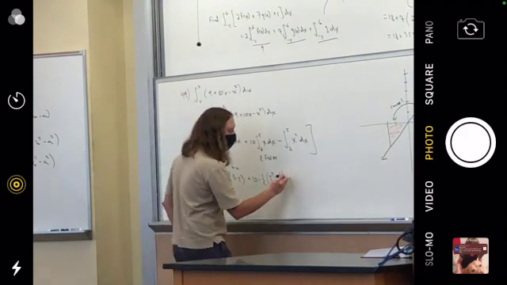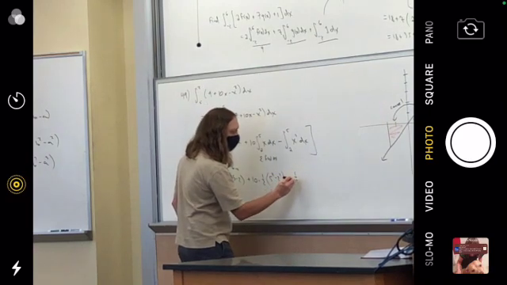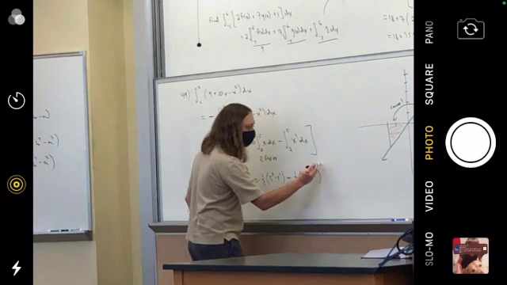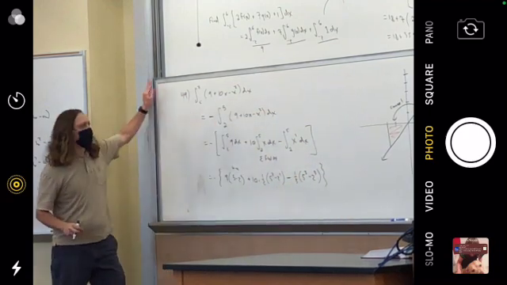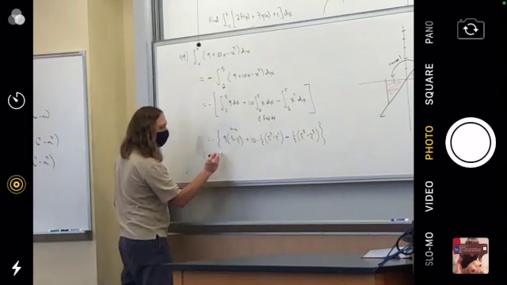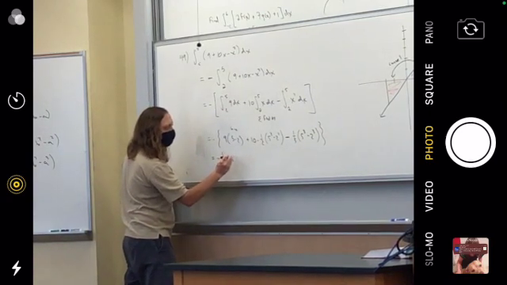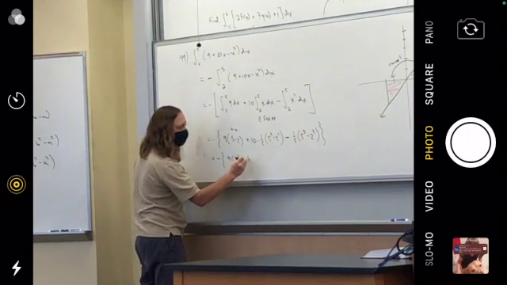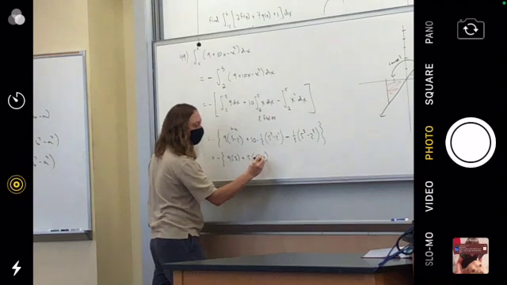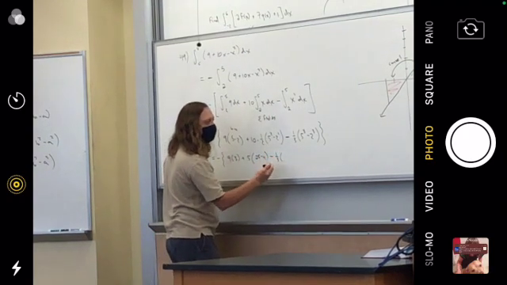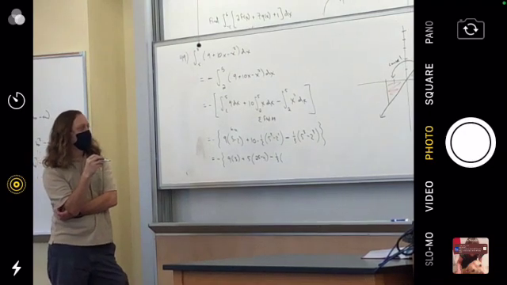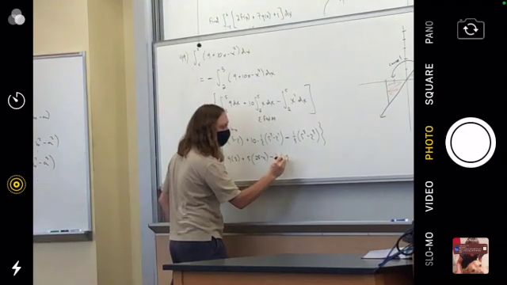And then what about the last one? Minus 1/3 times 5 cubed minus 2 cubed. So I end up with negative 9 times 3 plus 5 times 25 minus 4, minus 1/3 times, what's that? 125 minus 8.